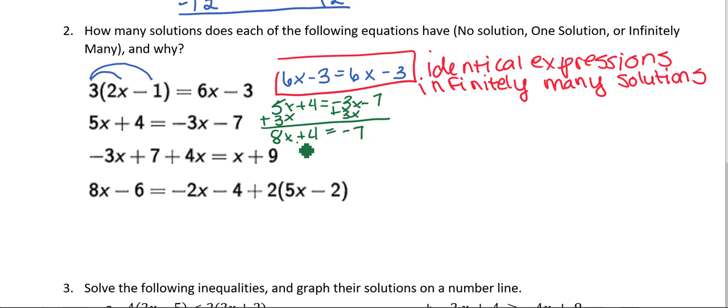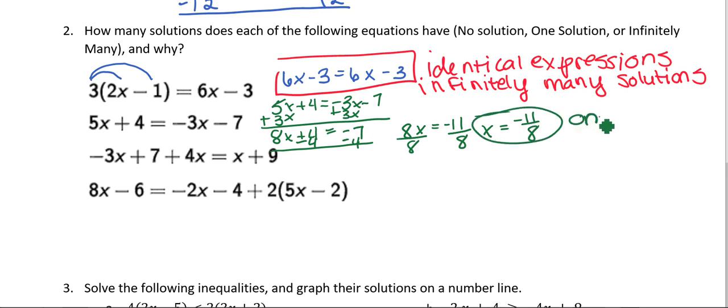Now I'm going to subtract 4 from both sides, and I get 8x equals negative 11, and I'll divide by 8. So x equals negative 11 over 8. So this would be one solution.